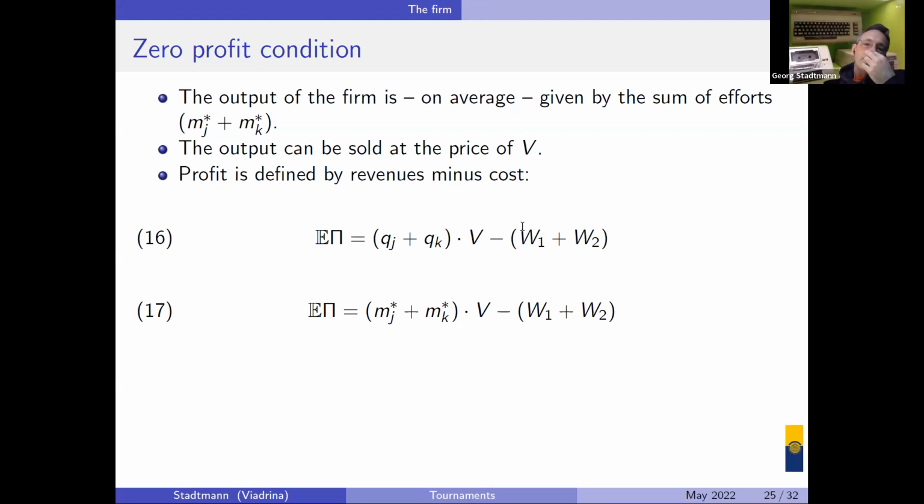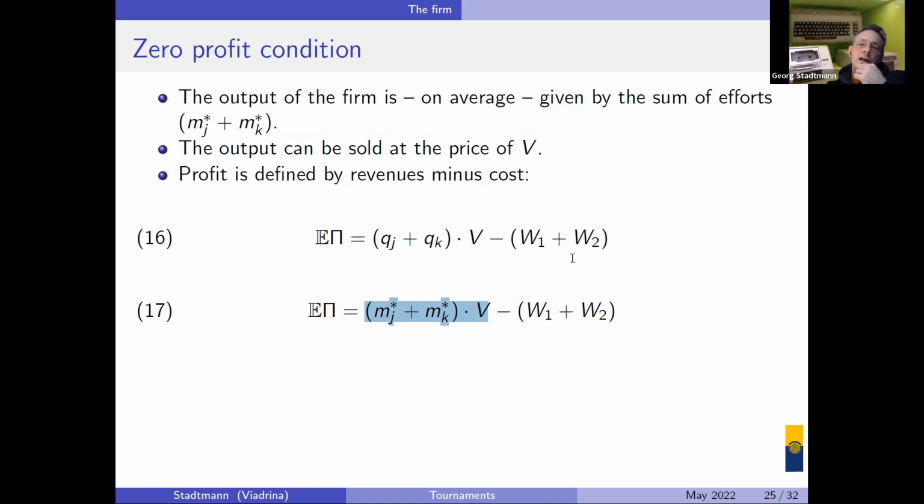The output can be sold at the price of V. Profit is defined by revenues minus cost. So the expected profit is, of course, QJ plus QK times V. But when we take the expectations, then the error terms, which are still included in QJ and QK, will drop out, and we end up here at the optimal effort levels in the revenue part.